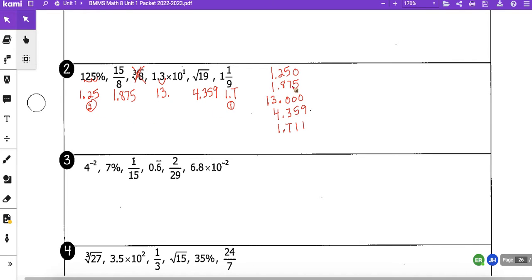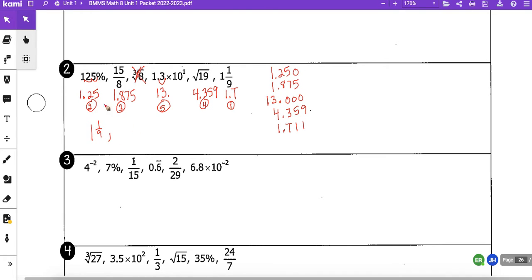And then the third one is going to be this one, because that one was the last one that began with a 1. And now we're comparing 13 to 4. Okay, and hopefully you're thinking 4 is smaller, so we're going to put a 4 here. And finally, the fifth one goes here. Okay, so now we're going to write the originals. So we have 1 and 1/9.